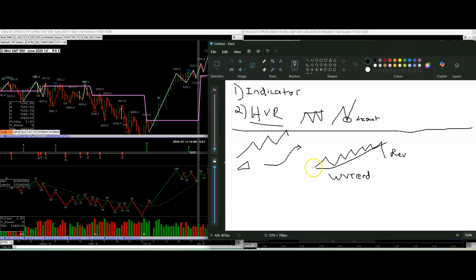You can also see if the supports that the volume made are holding. You can also see the confirmation of the wave volume with the price. So in my opinion, it's really, really important. I'll show you examples of how effective this is.